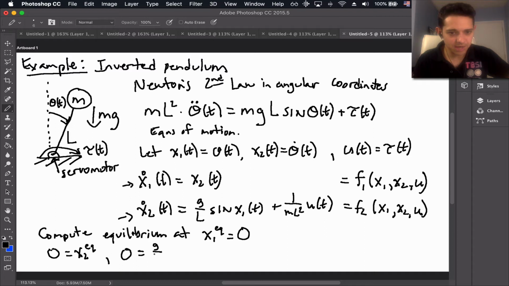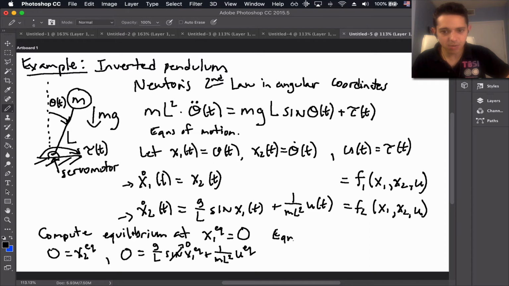And then I'm just going to evaluate the right-hand side at the equilibrium value. Now x1 EQ equals 0. So this eventually becomes sine of 0. Now the sine of 0 is just 0. So this goes away, which leaves us with the second term. Now for this equation to hold true, we need that u EQ equals 0.